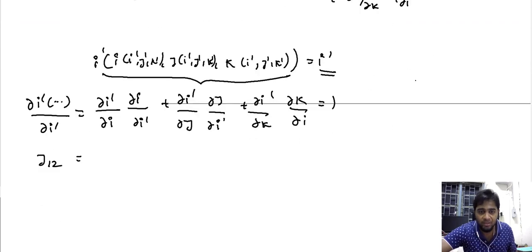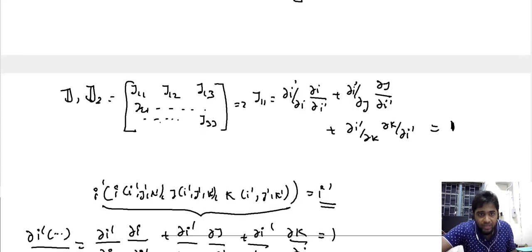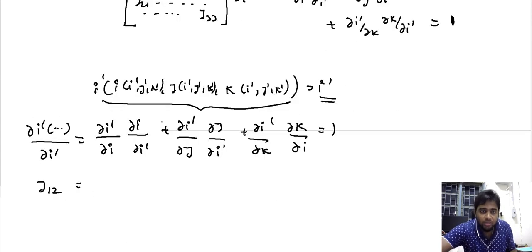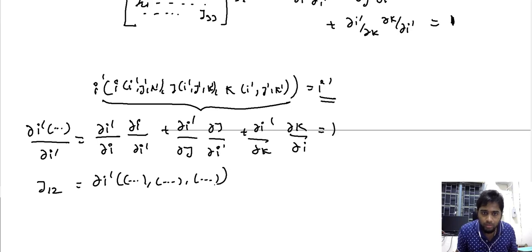If you consider the J12 and all the partial derivatives that are involved, these would essentially mean that we are considering the partial derivative of this I prime, as a function of a function, with respect to J prime.